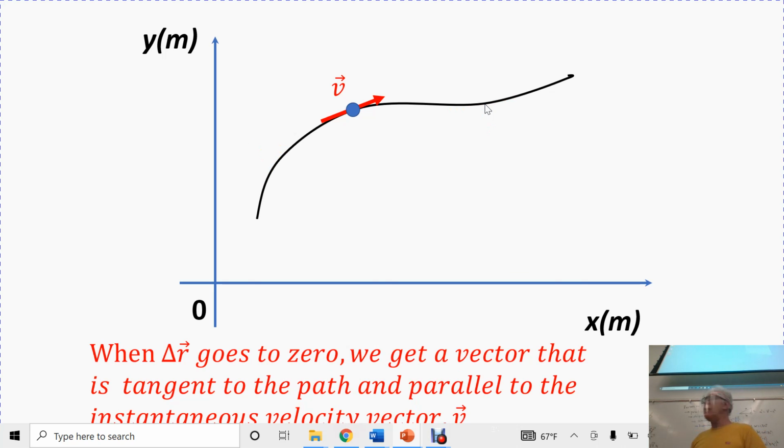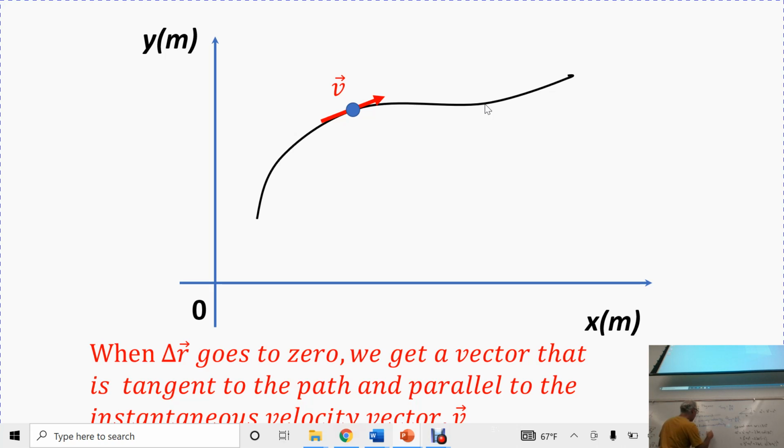And how do you do that? There's a nice way of figuring that out. The average velocity. Let's see here. The average velocity vector is what? Delta r over delta t, right? So delta r over delta t is what?